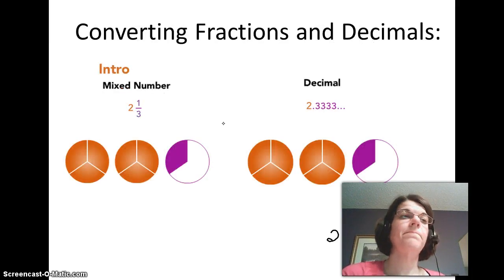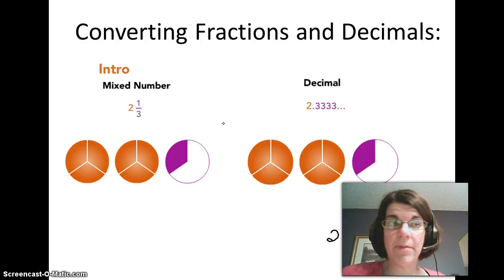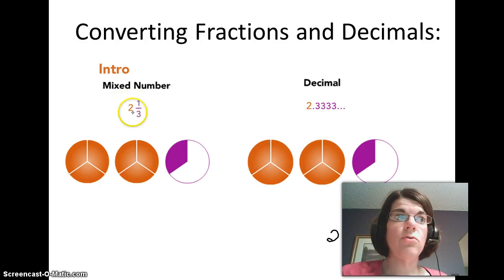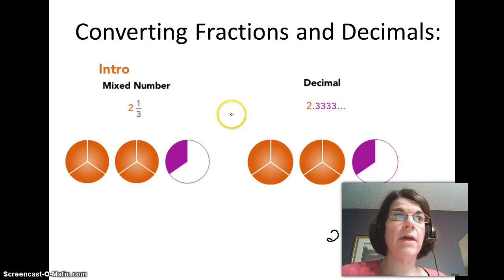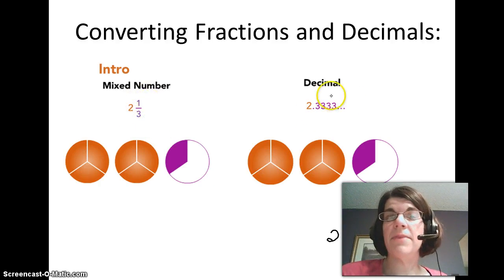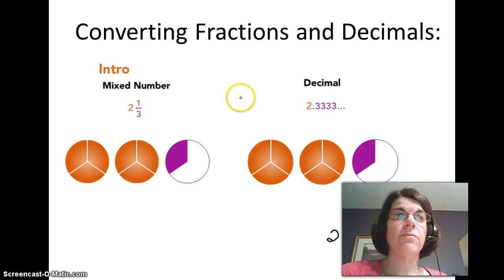Okay. Alright, if you have a mixed number, the decimal version of that mixed number, the whole number, take a look. 2 1/3. 2 is our whole number, and look at the decimal equivalent. The 2 is out in front. So it doesn't matter whether you have a mixed number or the decimal version of that, the whole number will still be out in front. The fraction part will then become the decimal part of that fraction.